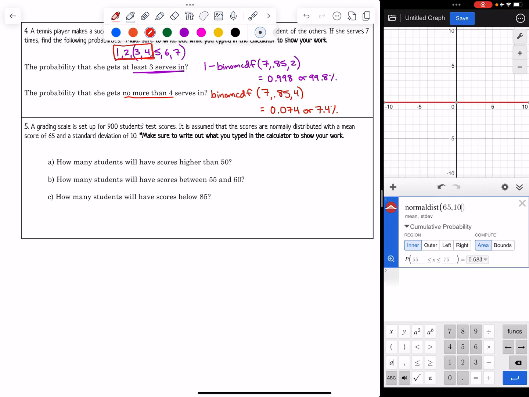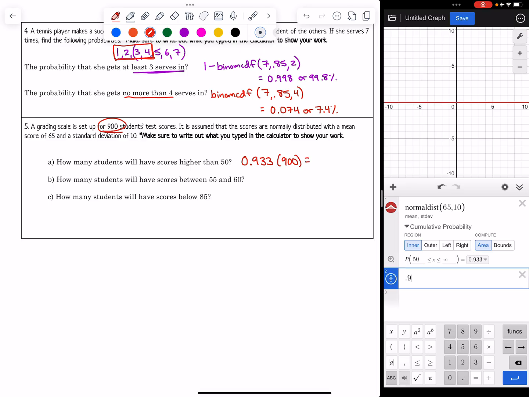And then for the first option, it's higher than 50. So 50 is your lowest amount and you want to leave the upper end open, so that's infinity. And I get 0.933. But if they want to know the number of students, you've got to multiply that probability times the 900 students.